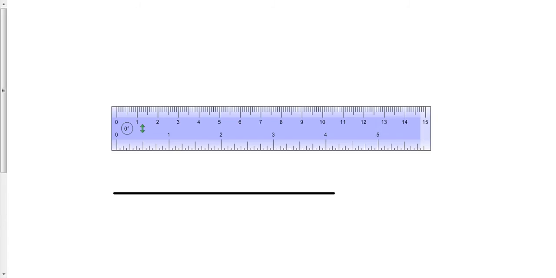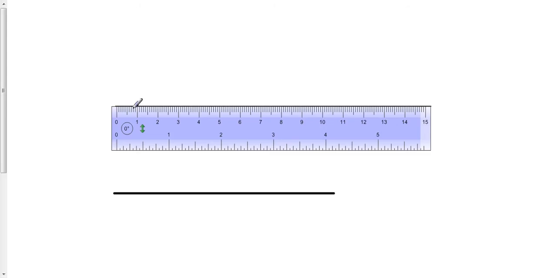In this video, I'm going to talk about the SI ruler or metric ruler and how to go about measuring line segments using it. So here's an example of a ruler, and up on top here, this portion right here, we have our SI units or metric units.